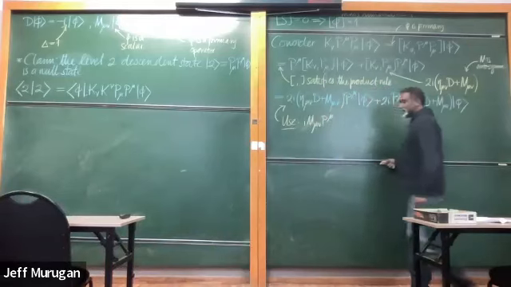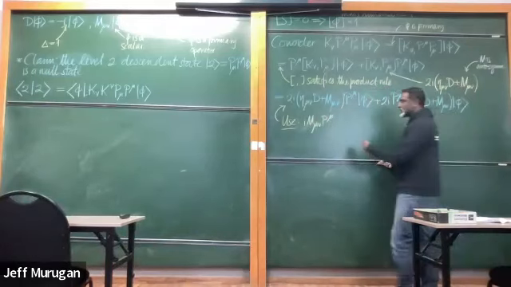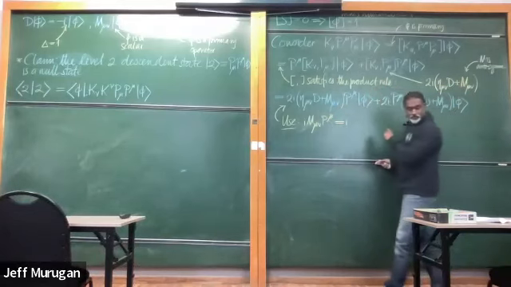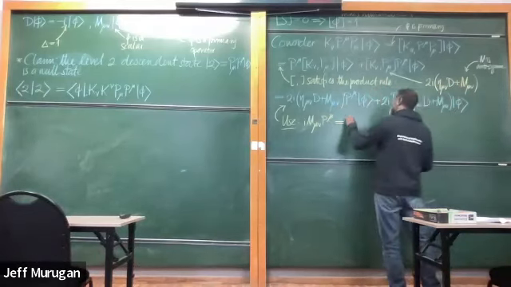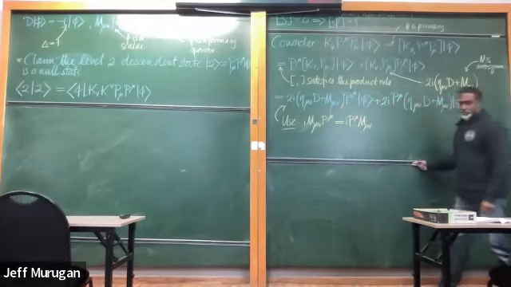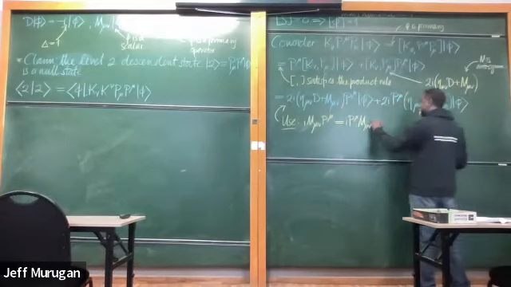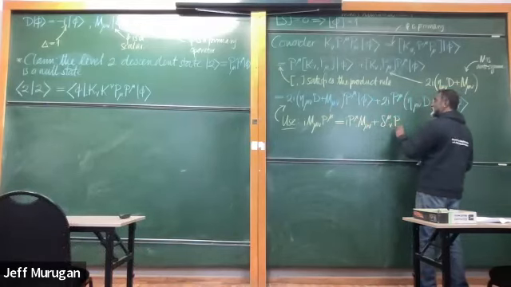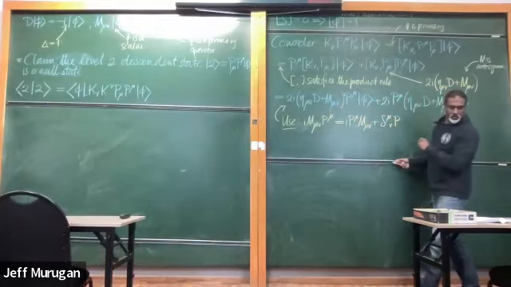That's right. i M mu nu P mu is i P mu M mu nu plus delta mu nu P nu.